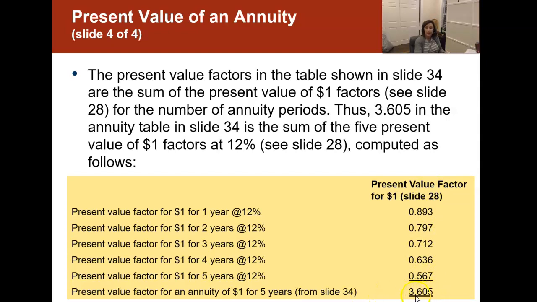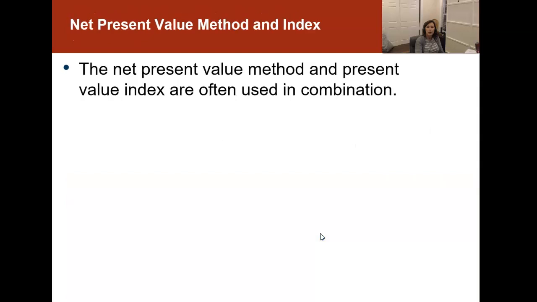It gets us to the annuity factor of the 3.605. So using the annuity is just a quicker way of getting the calculations for a payment stream, which again, you could take individually one payment at a time and do this, but why do that when you can use the annuity table, which has all of that calculated in.